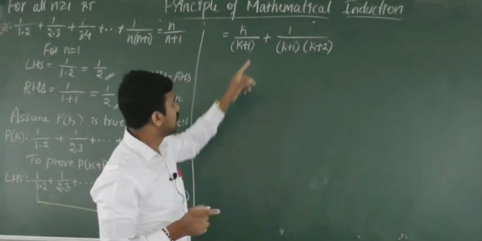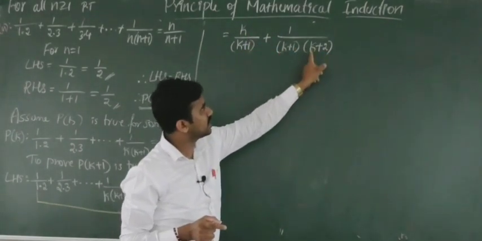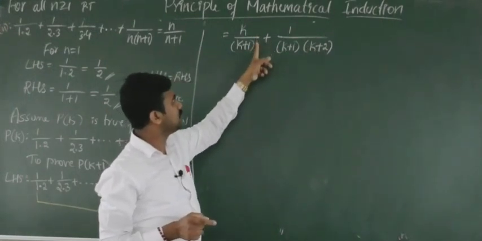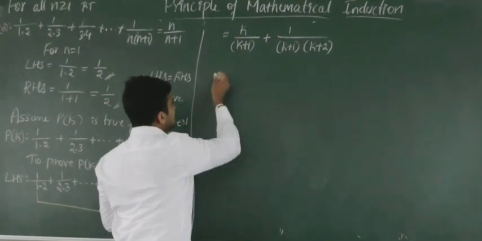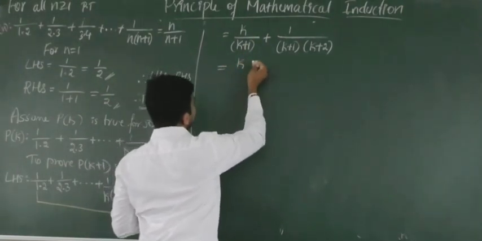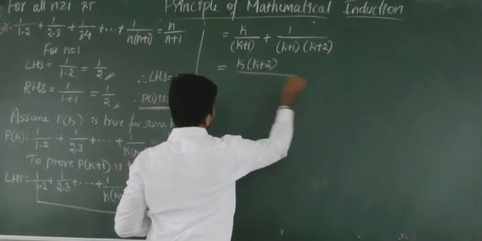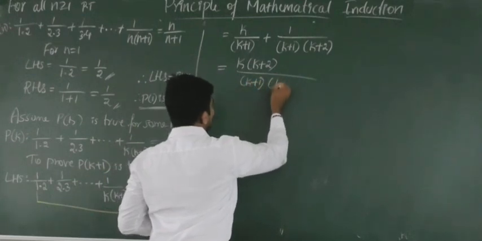The extra factor here is k plus 2, so we multiply and divide by the same term, k into k plus 2. Then k plus 1 into k plus 2 becomes the common denominator.